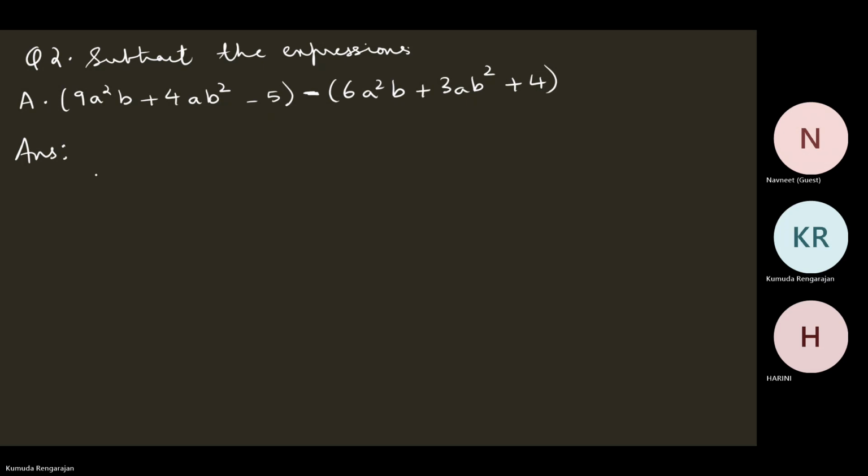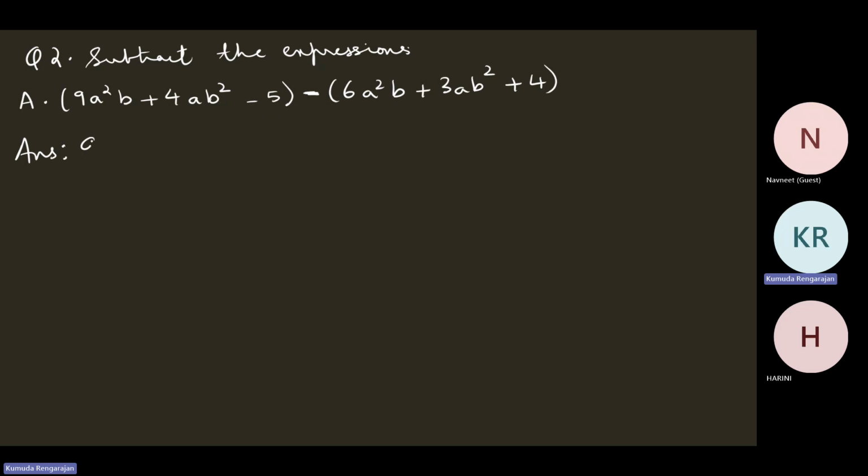So the first step in the answer is to open the brackets. If the brackets were not given, then we write the expressions in the brackets and we connect the brackets with a minus sign. So here that step is already done for you in the question. So the first step in the answer is to open the bracket.